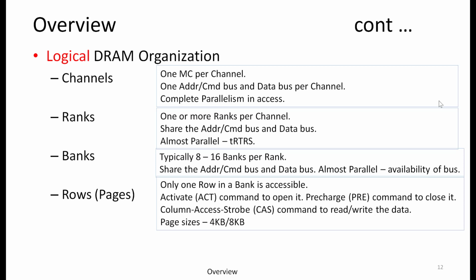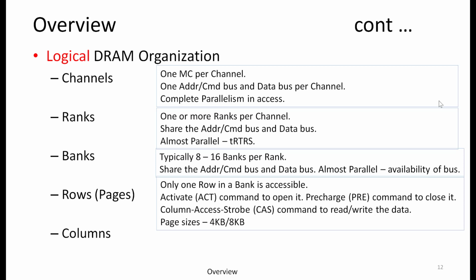To open it, we need to send in an activate command. To close it, we need to send a precharge command. And to access the data, we need to send a cas command, column access strobe command. The typical sizes of these DRAM pages are somewhere between 4 kilobyte to 8 kilobyte.